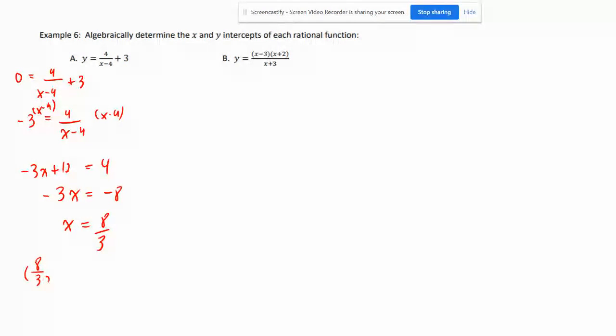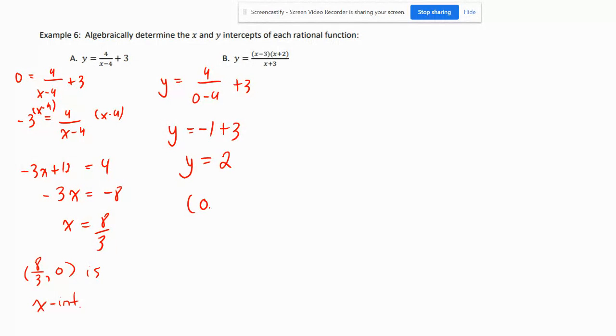So (8/3, 0) is the x-intercept. All right. For my y-intercept, I make x equal to 0. 0 minus 4 is negative 4. 4 divided by negative 4 is negative 1. That means I get y equals 2. That means (0, 2) is the y-intercept.